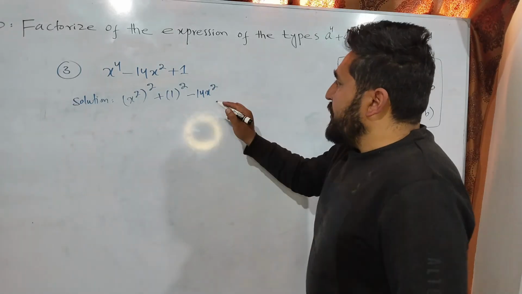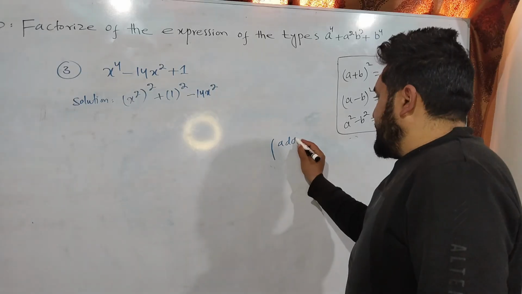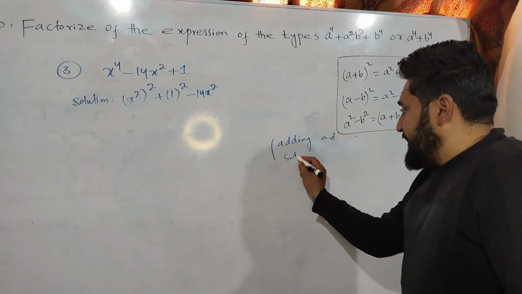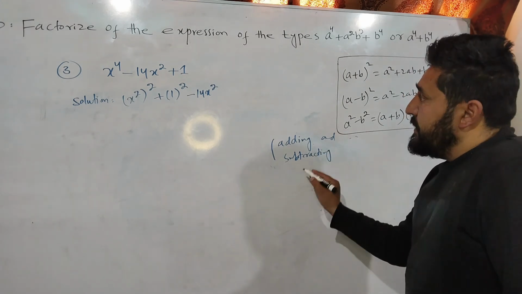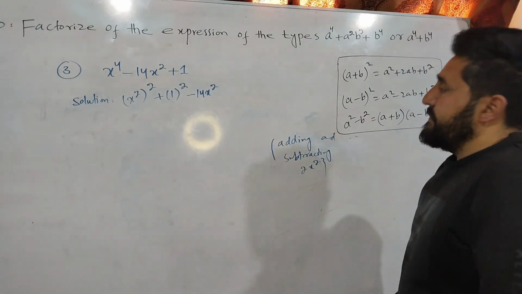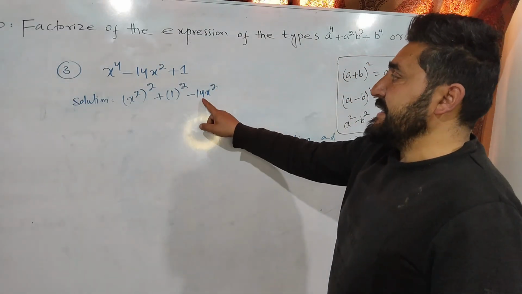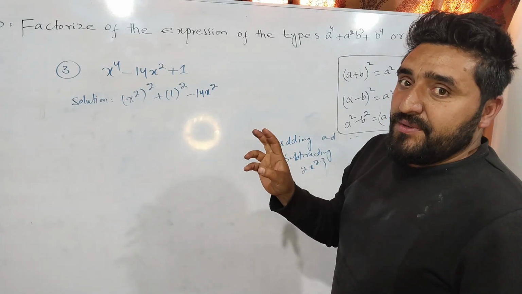It is clear. Now we add and subtract 2x square. If we subtract 2x square, so this one is 16x square. So 16 is a square term.